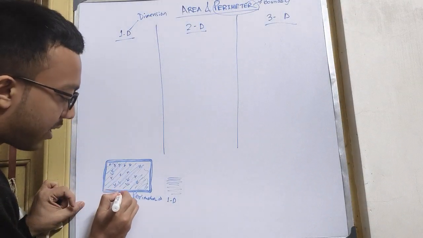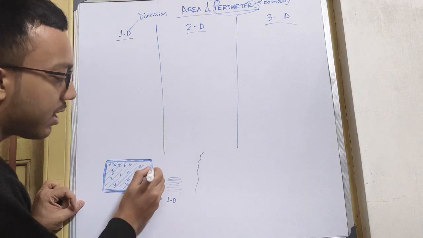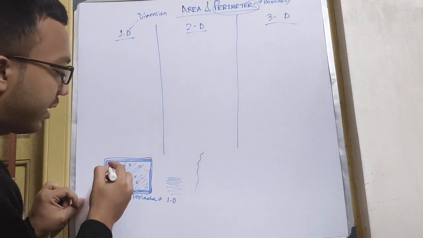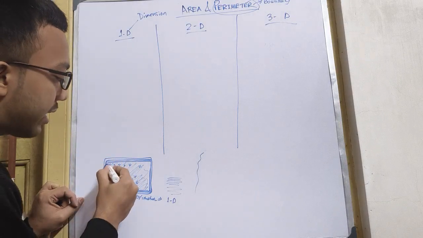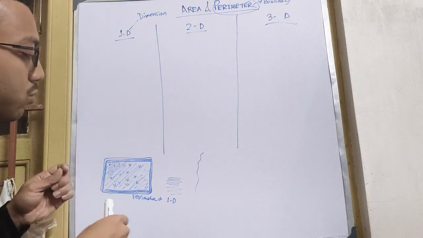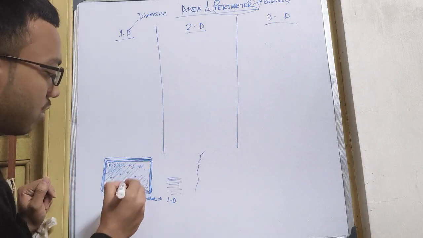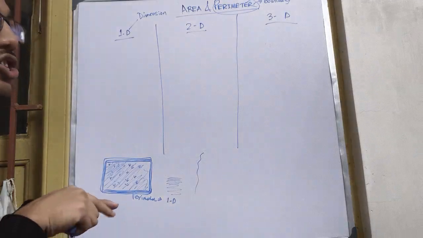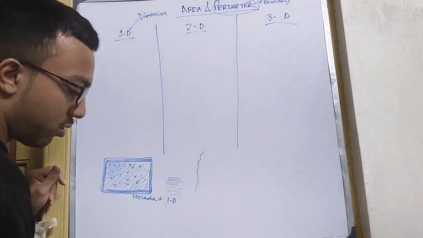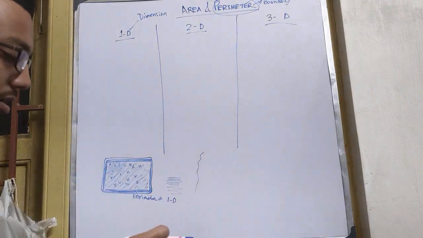Only with a thread, like a measuring tape or a measuring rope, we can measure this perimeter. But with a measuring rope, we cannot measure how much area, how much space is here. To measure this grass portion, we have to take, let's suppose, a sheet of paper or a sheet of cloth.